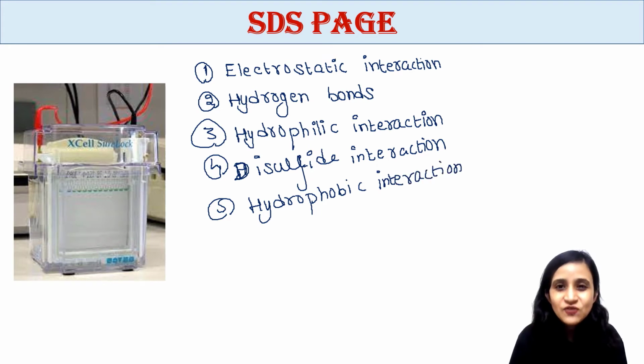These are different types of interaction we can see in a particular protein.